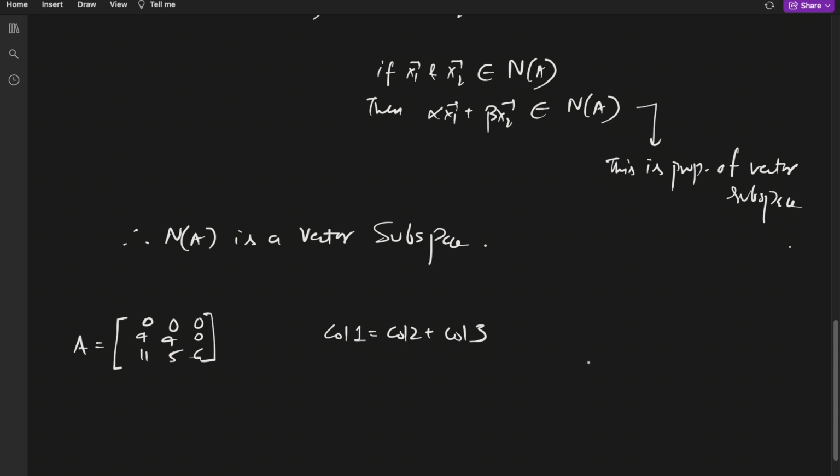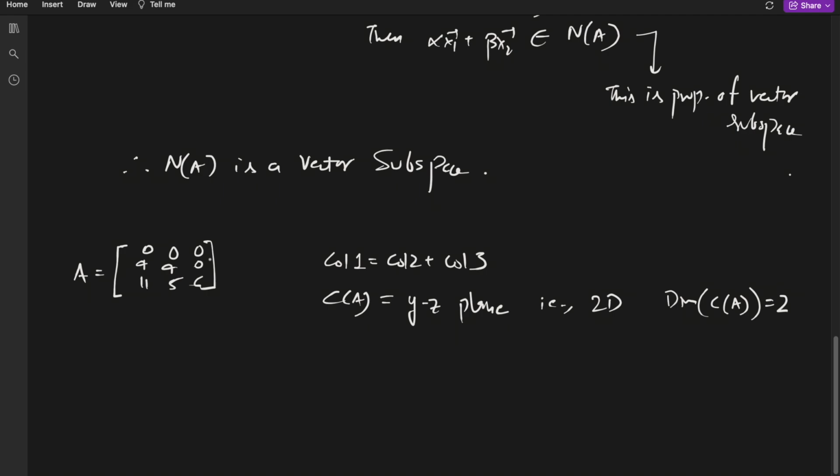So we have seen that the column space of A is the yz plane, which is 2D. So we can say that the dimension of the column space of A is 2. We will see what dimension is in the next video.